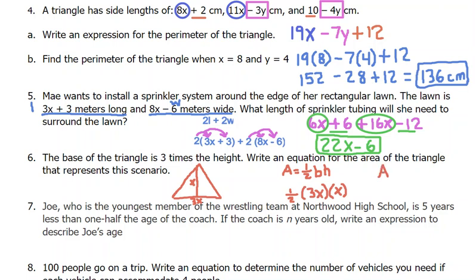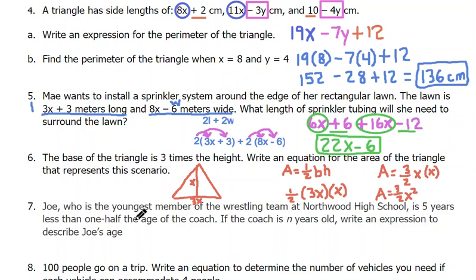Half of 3 would be 3 over 2. We want to keep that as a fraction. And it still has that x, so I'm going to keep the x with it. And I still have that times x. So now I have 3/2 x times x. Well, x times x gives us x squared. So my final equation would be A equals 3.5 x squared.